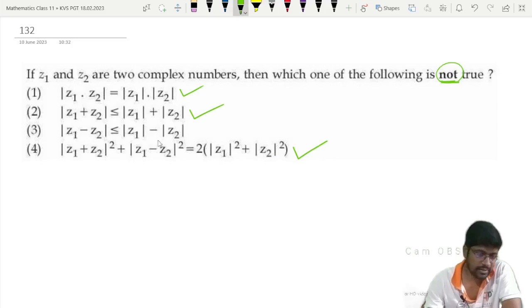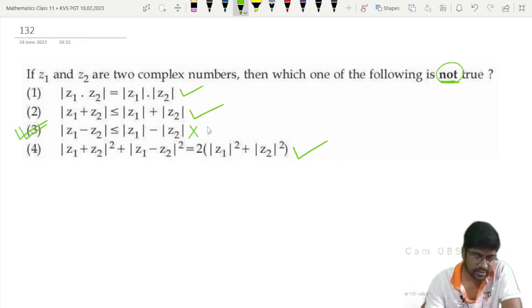So the only possibility is that option 3, whatever relation they have given, is not true, this is false. So option 3 is correct, because we have to find which option is not true.